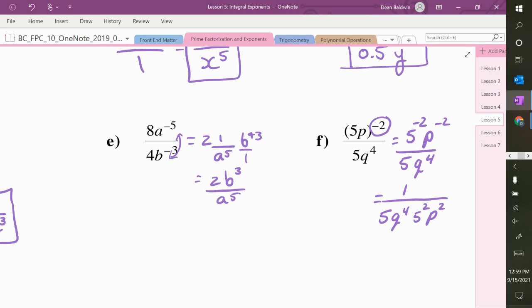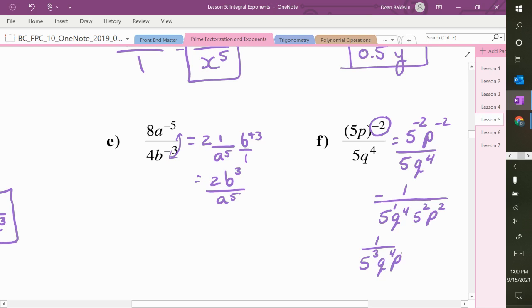Can I simplify this? Is there anything I can combine? The 5s. I heard somebody say it. Yeah. So 5 to the power of 1, 5 squared. What do you do with the exponents when you're multiplying? Add them. So it becomes 1 over 5 cubed.